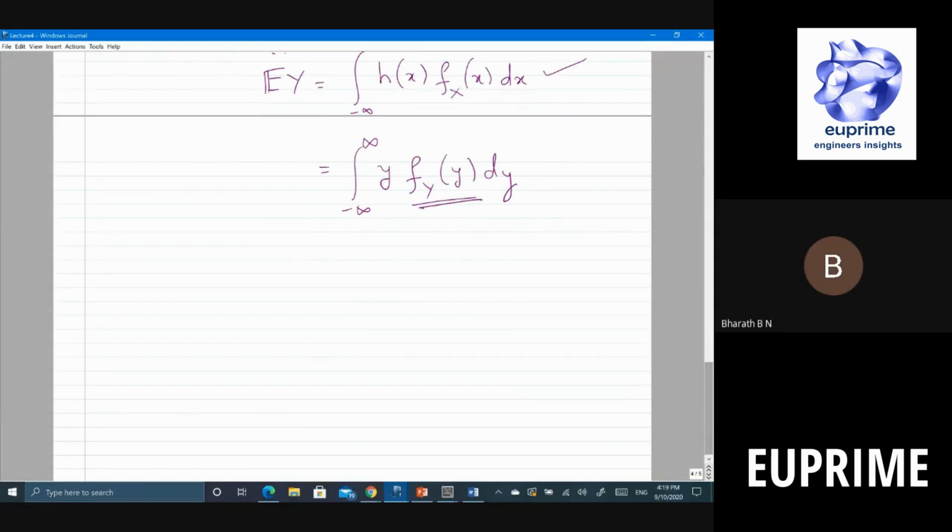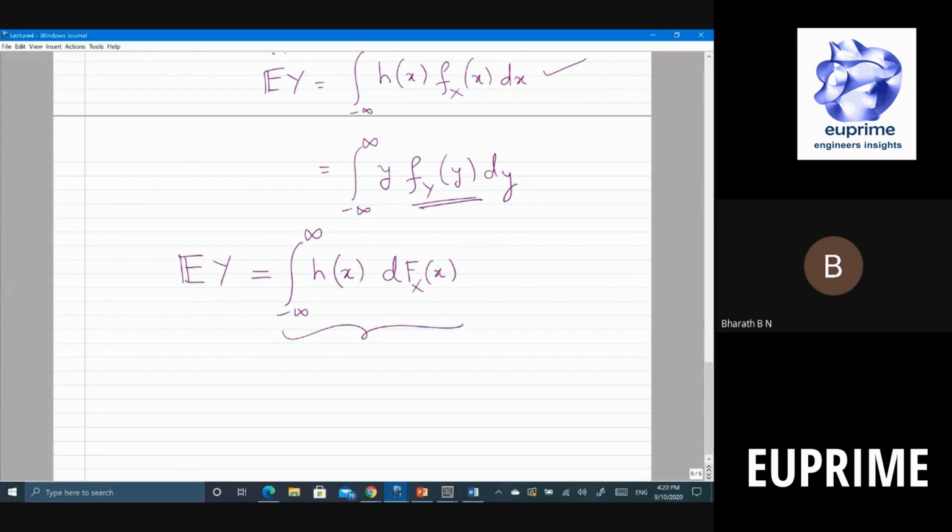Fine. So there is a different way of writing this. You can write the expected value of y as follows: the integral from minus infinity to infinity of h of x dF_X of x. This is just a notation.